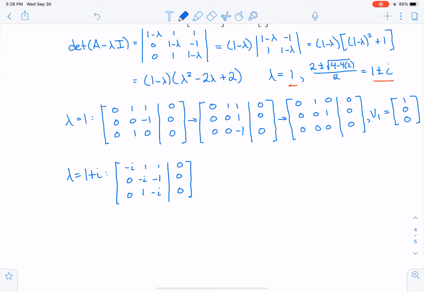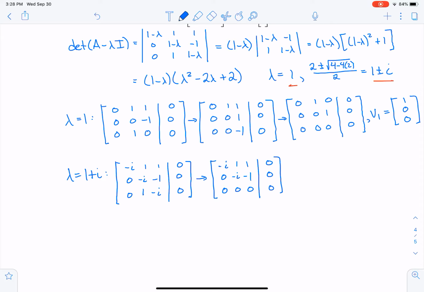And I want to do a little bit of row reduction here. And so I'm going to get, let's see, negative i, 1, 1, 0, negative i, negative 1. And then I'm going to notice that if I multiply the bottom row by i, I can add the rows together and get 0, 0, 0. So I do get a row of zeros. The right-hand side is still just 0, 0, 0.